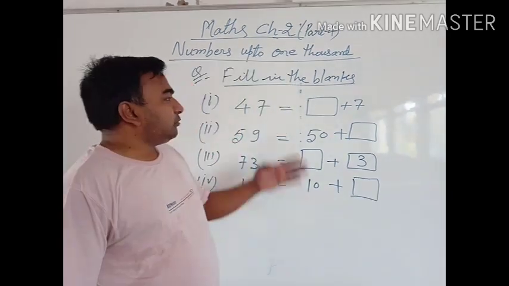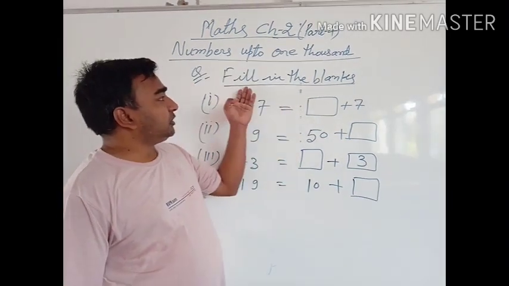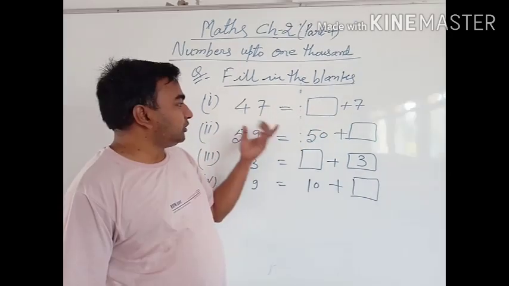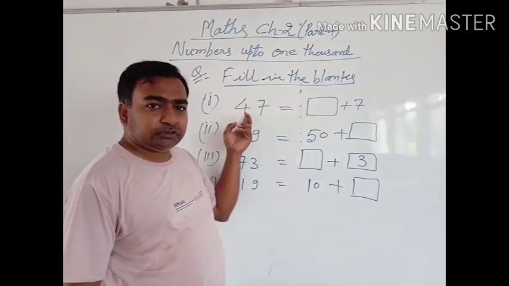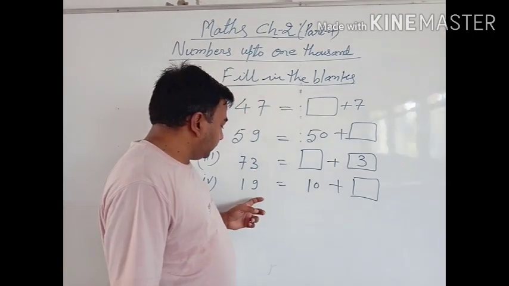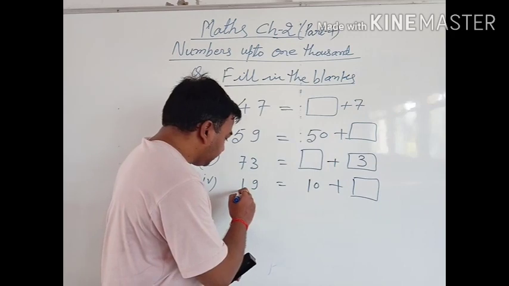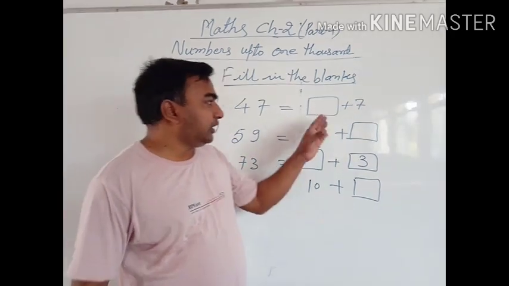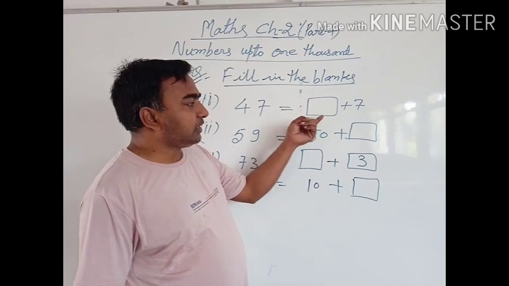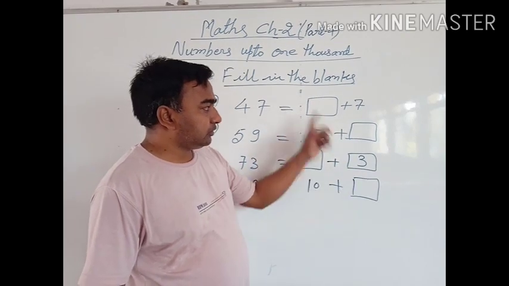You can see that I have written 4 questions. Fill in the blank with suitable number. The first question is 47, second 59, third 73, and the last, question number 4, is 19. After the equal sign you can see that I have drawn a box.